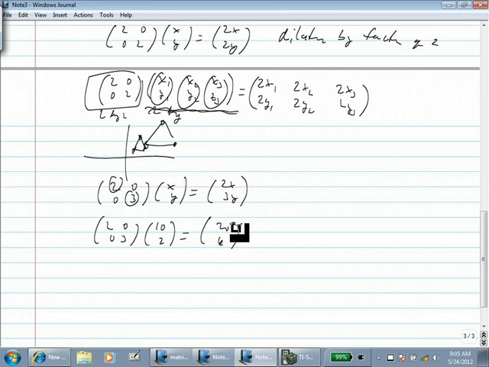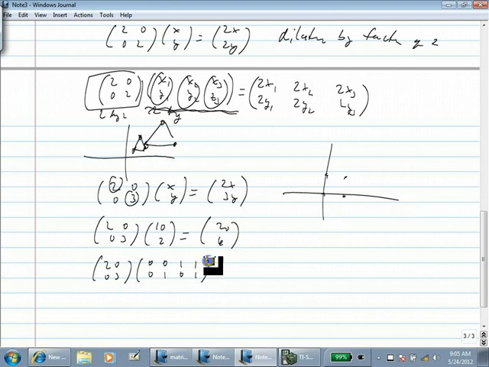But if I apply it to an entire shape, let's say I apply it to the unit square, that has 0, 0, 0, 1, 1, 0, 1, 1 as its 4 corners. And when I do that, look at what happens.